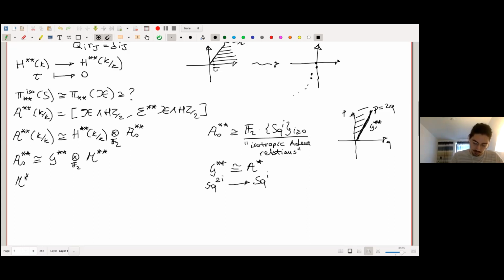Maybe I will write here that M is just the exterior algebra generated by Milnor operations. So this gives a bit of the structure of this isotropic Motivic Steenrod algebra. There is a part which is given by the isotropic homology of the point, and then we have a part given by the topological Steenrod algebra but spread on this slope two line, and then we have some part given by this Milnor subalgebra.